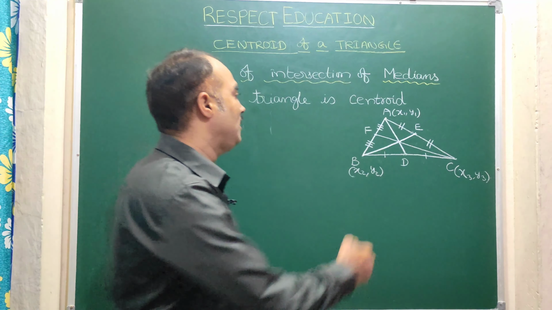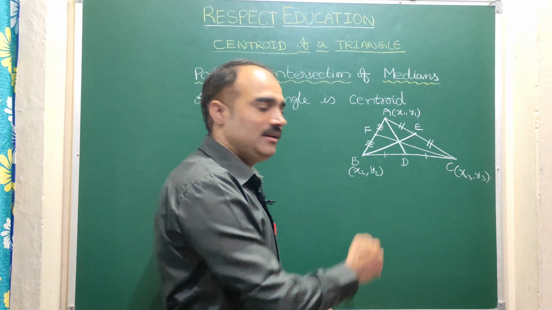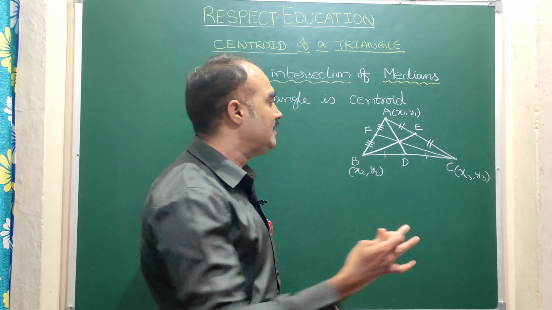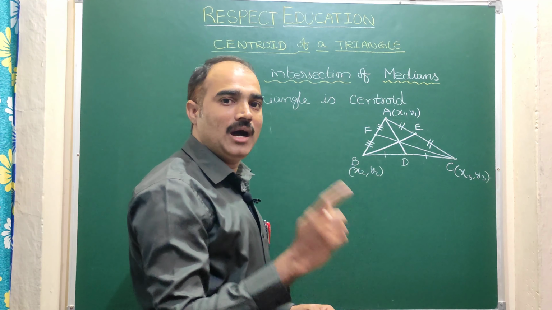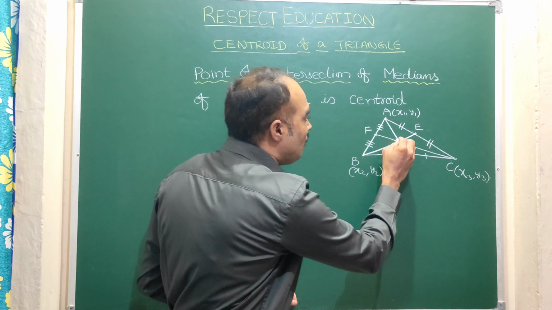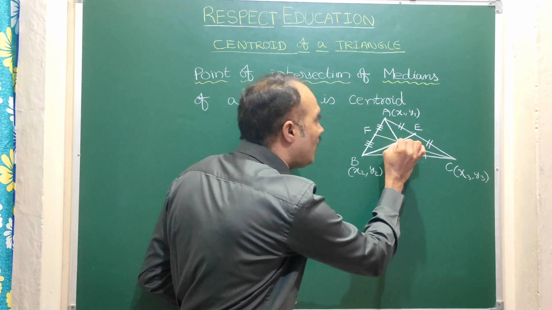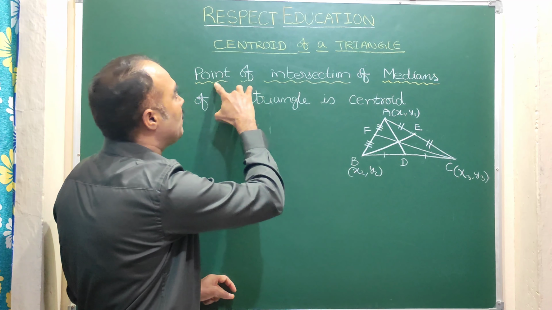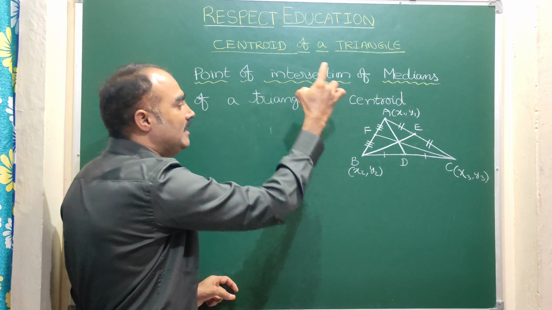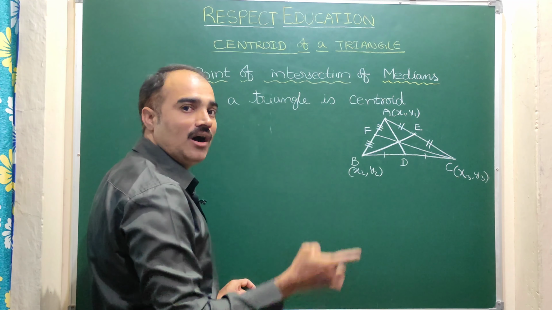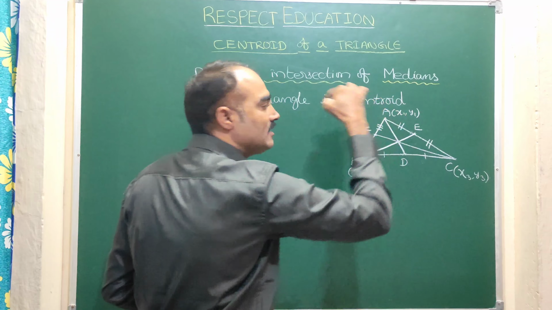Now clearly here we have AD, BE and CF. These three are the three medians. Observe carefully, all three are passing through the same point, that is called the point of intersection. This point is called the point of intersection of the three medians.